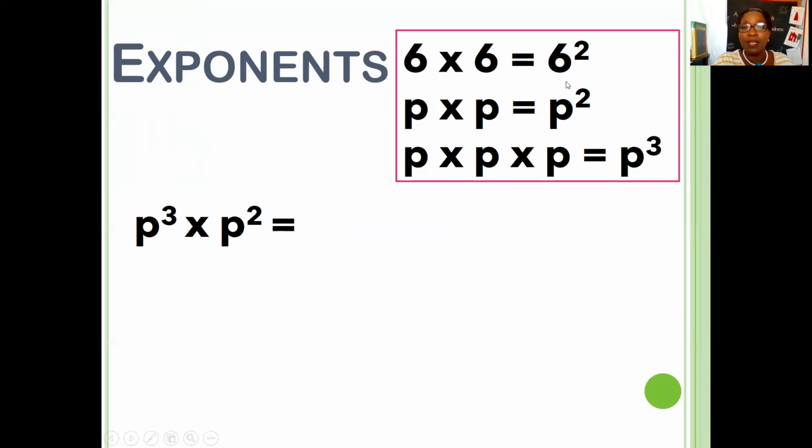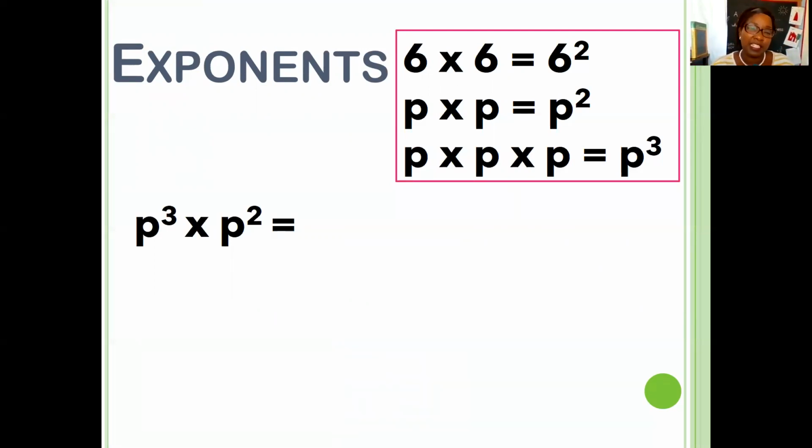P cubed is P times P times P. So you see it? There you go. And believe it or not, we are almost down to the last step that you actually need for algebraic multiplication. After this, the world is yours. Once you have a good foundation, you're good to go.